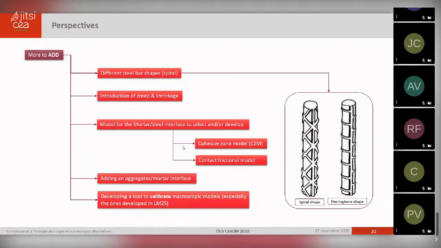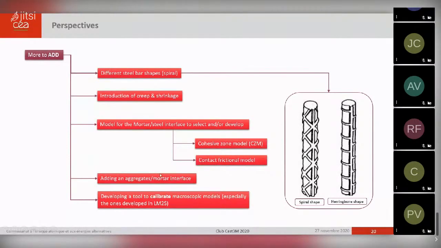Sorry, for this, you can't work with the global model. We need an approach where, for example, you introduce the gradient of humidity in your concrete. This is a problem for that physics, because it introduces an incompatibility of strength between your aggregate and your bed, between aggregate and the mortar?